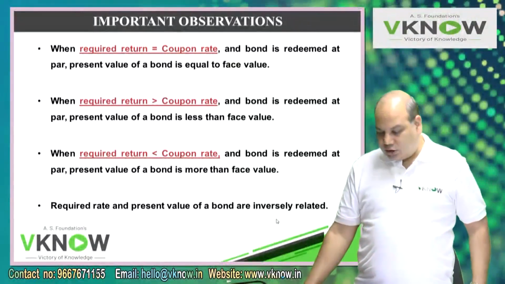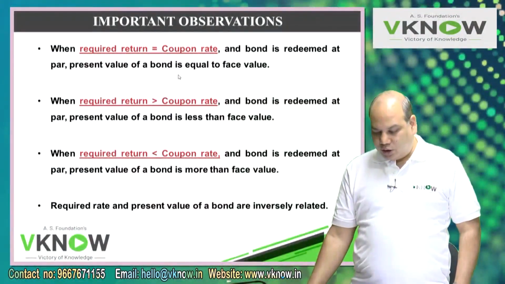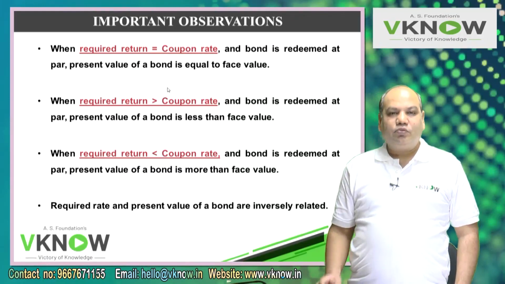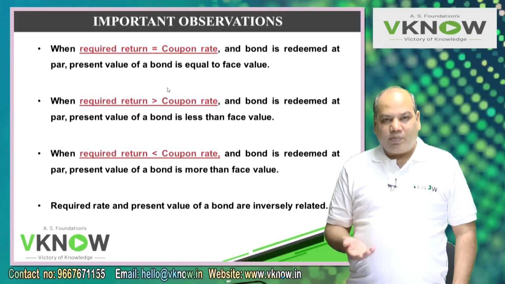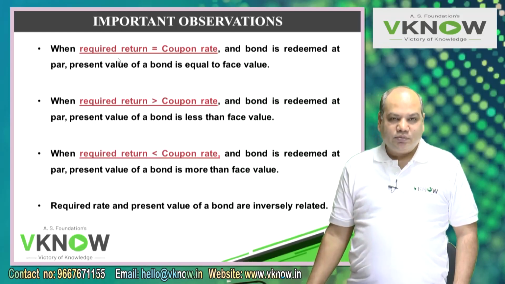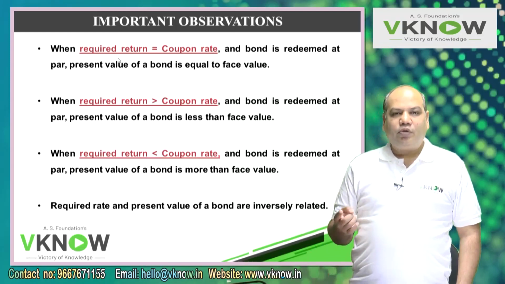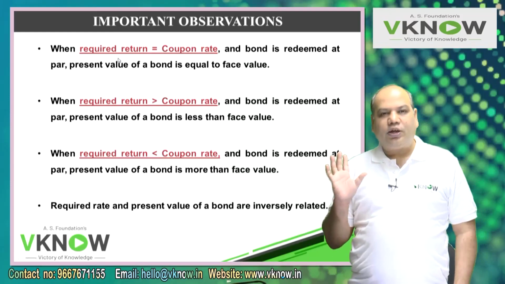Now, in some questions we are going to solve in the next few hours, the problem will say a bond is trading at par. What is the problem saying? A bond is trading at its face value or at par. Required rate of return is 10%. Indirectly, they have given you one more piece of information: coupon rate is also 10%.